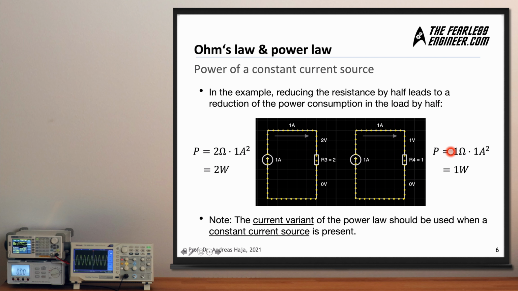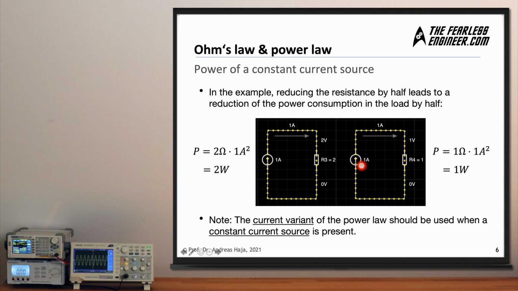But now, since the resistor has been halved, but the current has remained constant, we get a power consumption of only 1 watt, which is somewhat confusing, because on the left side we have double the resistor than on the right side, and usually the expectation is that if you reduce the resistance of a circuit, you increase the current flow, and by this you also increase the power consumption.